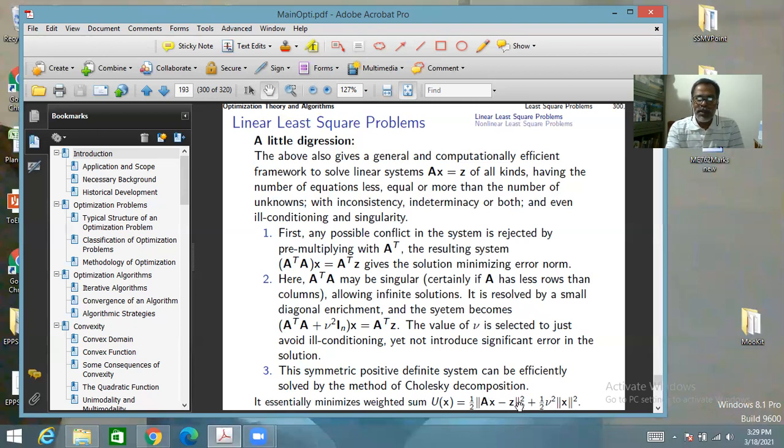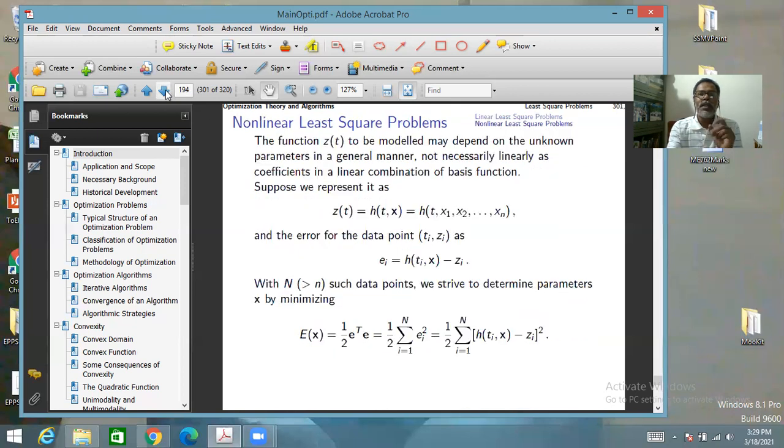You can work out the first order condition for minimality of this function, and you will find that you get this system of equations. Okay. So this much regarding linear least square problems and associated little digression on a general method to solve linear systems of equations. Now we go to our main issue, which is nonlinear least square problems.